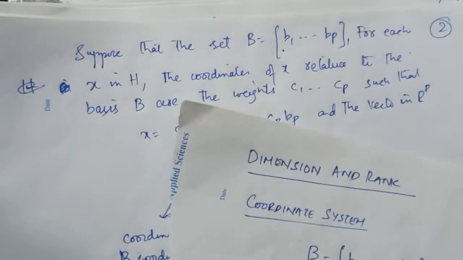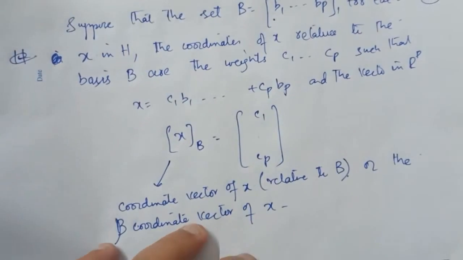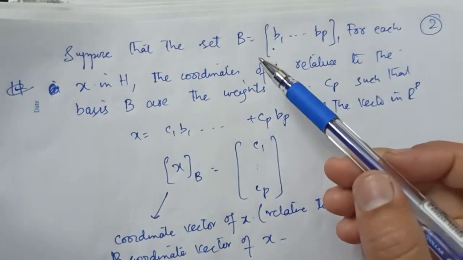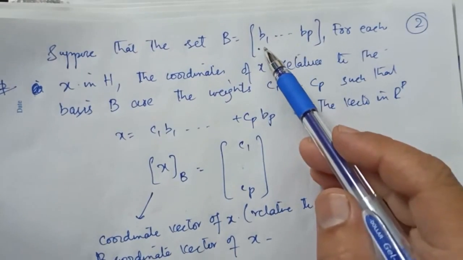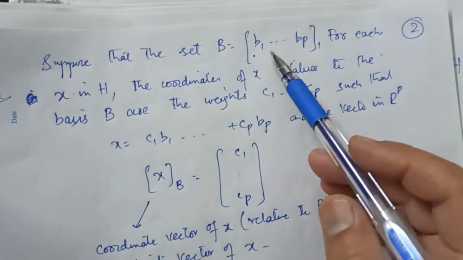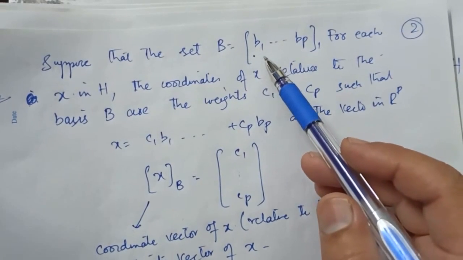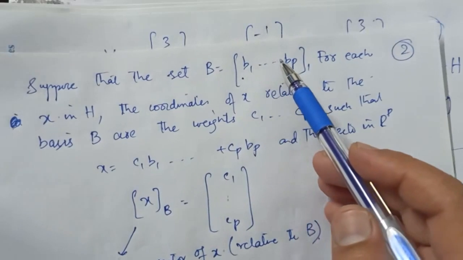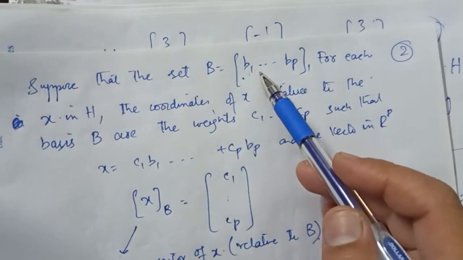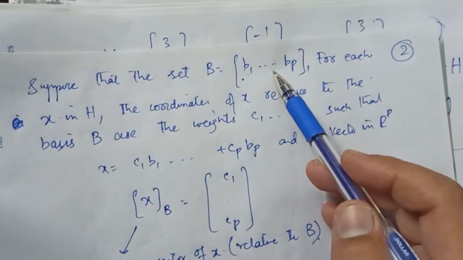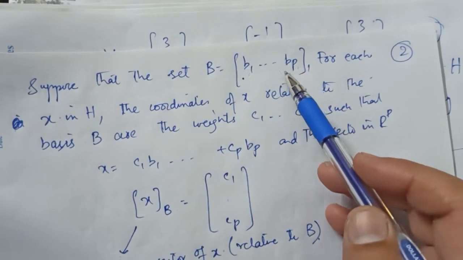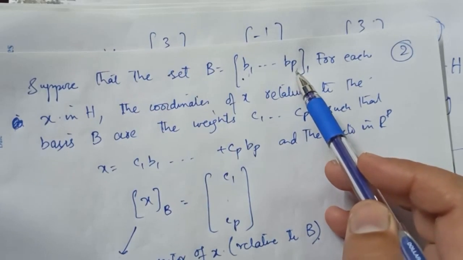Okay, now similarly, as we define the coordinate system of R n, we are defining the coordinate system for the subspace. So b1 becomes one coordinate, b2 becomes another coordinate, b3 another, b4 another, and similarly bp will become another coordinate, right?